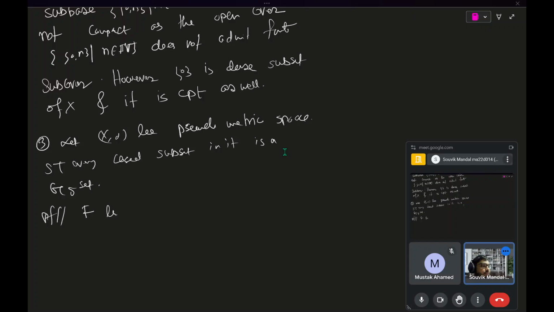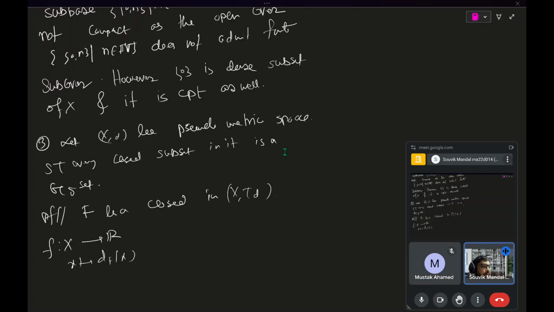So in order to show this, we need to show that the set can be written as an intersection of open sets. Suppose F is a closed set in (X, tau_d), and consider the function f from X to R given by x goes to d(x, F).